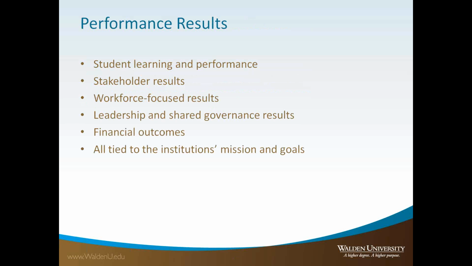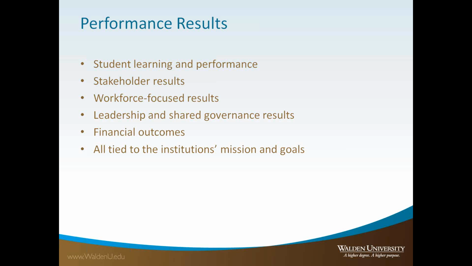Finally, performance results are the 7th Baldrige category. The Baldrige application actually consists of 6 pages of what are primarily narrative, diagrams, descriptions of all of your approaches, how you implement them, how you evaluate and improve them, in each of those first 6 categories we just went through.